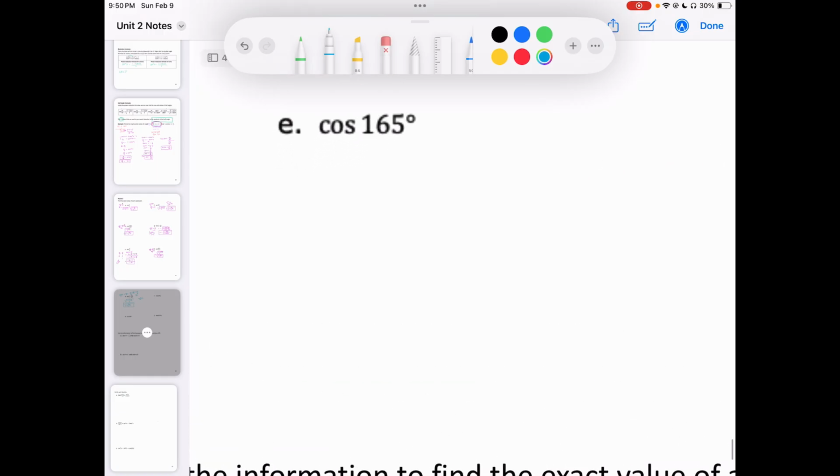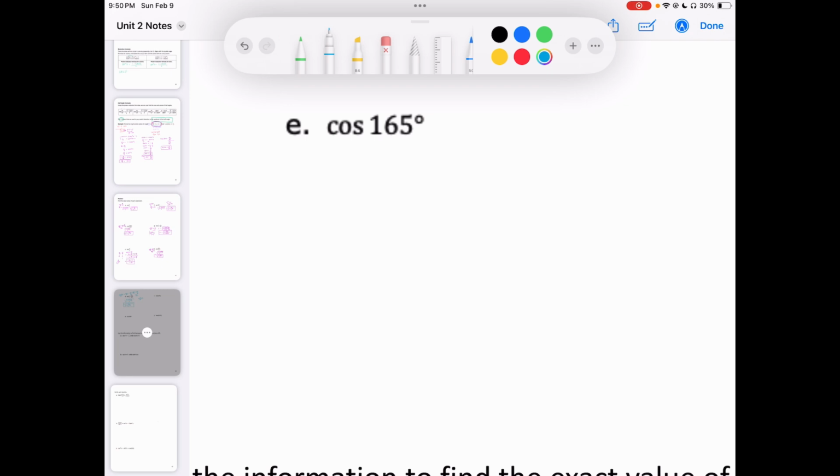Okay, I'm looking down at the next one, 165 degrees. Okay, if you double that, you will get, so this one, you could go either way. You could double it, and if we doubled that, it'd be 165 times 2 to get 330.